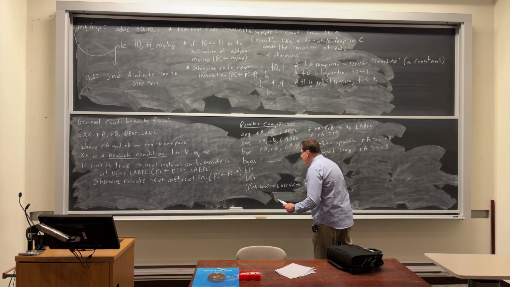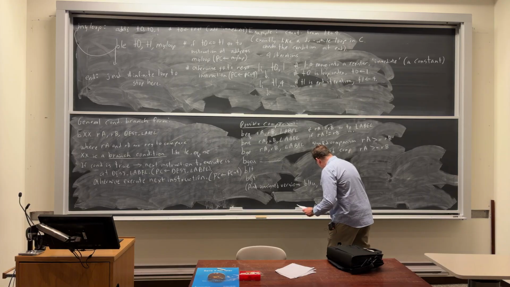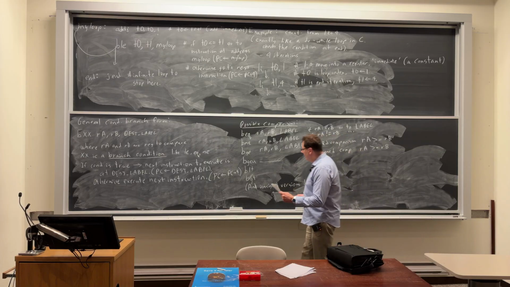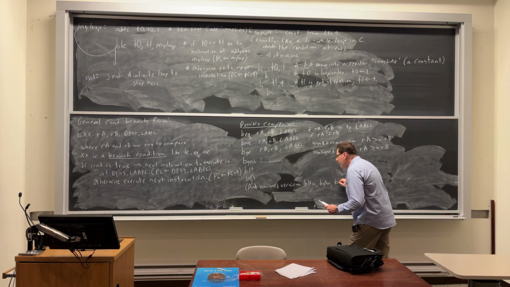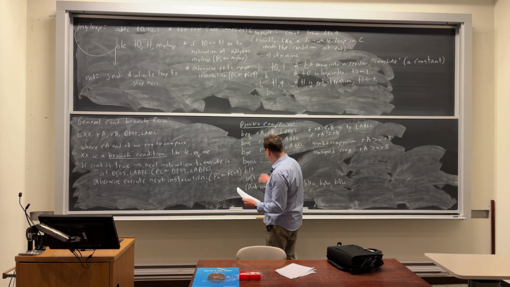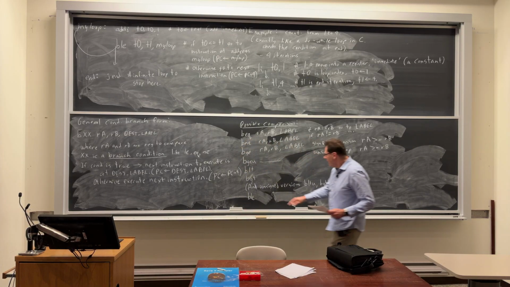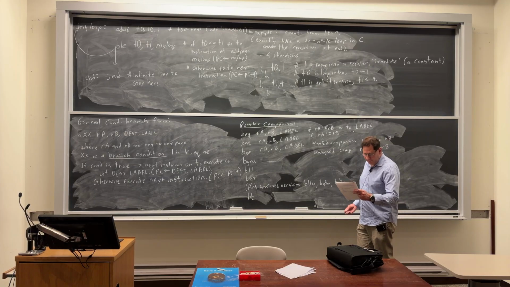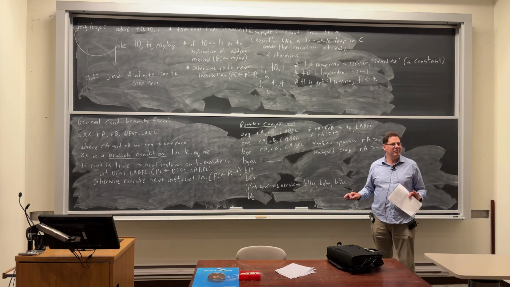We have a branch less than unsigned and a branch greater than unsigned. Let me see if I missed any. I guess there's a branch less than or equal to unsigned, because I didn't write that one down here. So let me write that as well. Branch less than or equal to. Okay, so that's the complete set of comparisons that you can use. Any questions on that? Pretty clear?